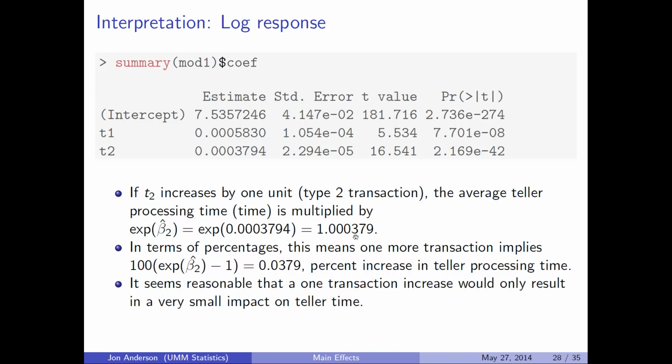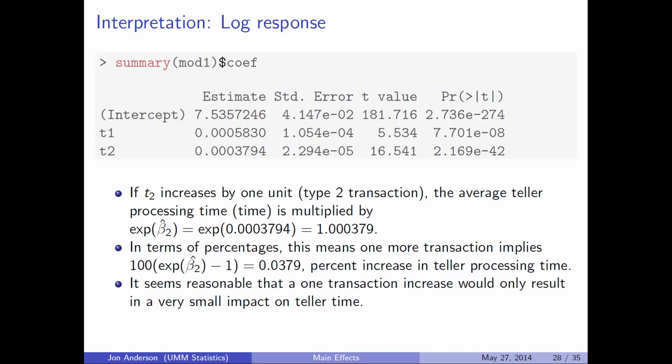That's not terribly interpretable, so what we could do is use the percentage change interpretation, and one more Type 2 transaction means we will get 100 times e to the 0.00379 minus 1, or in other words, about a 0.0379 percentage increase in teller time.